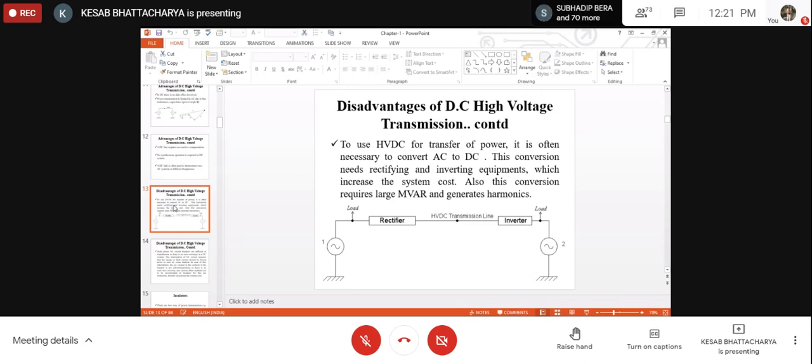That is one point. And also the volt ampere or MVA requirement is quite large for these power rectifiers or inverters. So this is one disadvantage. But the most serious disadvantage is the other one.